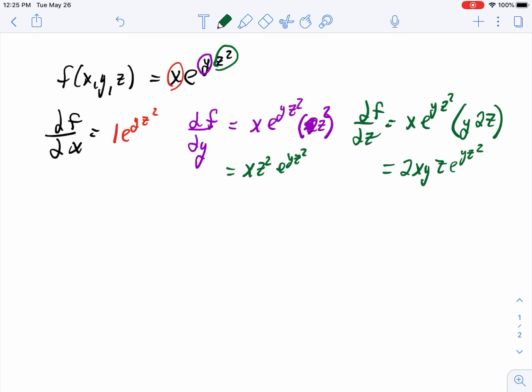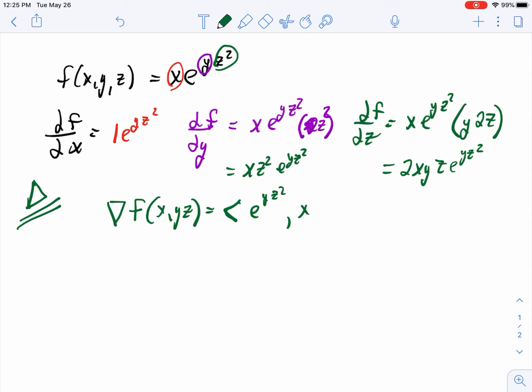Okay, so what is the del f, or the gradient? Well, these are the derivatives, but instead of putting our derivatives this way, because that represents direct derivatives, and this is partial derivatives, we would just say the gradient of f of x, y, z, and basically put all these together, clean up the notation and put it as a vector.